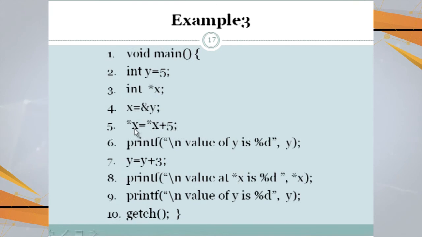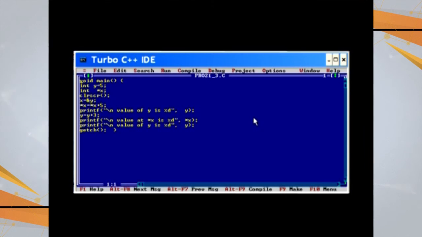Then *x, the value at the address held by x, will become 10. That's why printf value of y is, now the new value of y, that is 10, is accessed, and then y = y + 3, its new value will become 13, and when we access it by using the pointer variable, we will get the new value of x. Let's exercise this example on the computer.